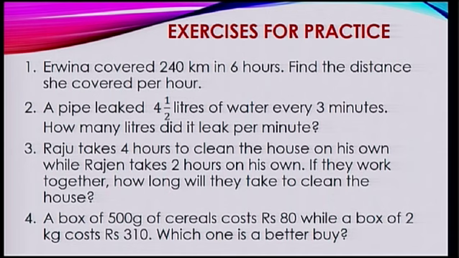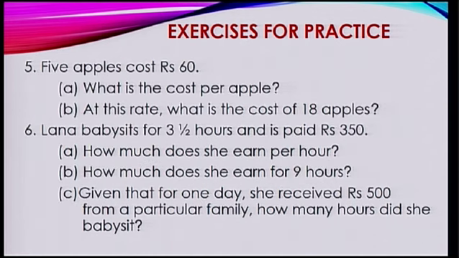Question number 4. A box of 500 grams of cereals costs 80 rupees, while a box of 2 kilos costs 310 rupees. Which one is a better buy? Question number 5. 5 apples cost 60 rupees. Part A. What is the cost per apple? Part B. At this rate, what is the cost of 18 apples?